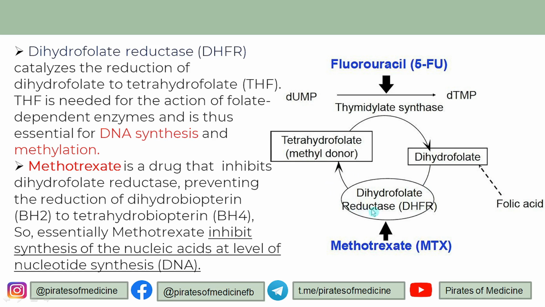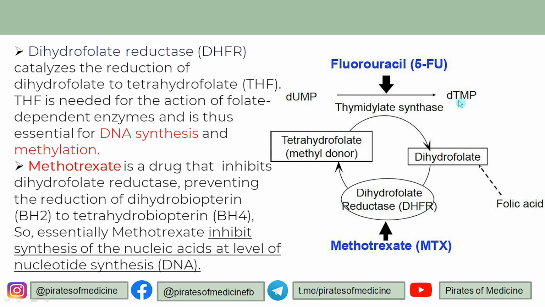This dihydrofolate reductase is involved in DNA synthesis, or nucleotide synthesis. Now tetrahydrofolate, a donor, donates a methyl group to the enzyme thymidylate synthetase, which is responsible for converting deoxyuridine monophosphate into deoxythymidine monophosphate.